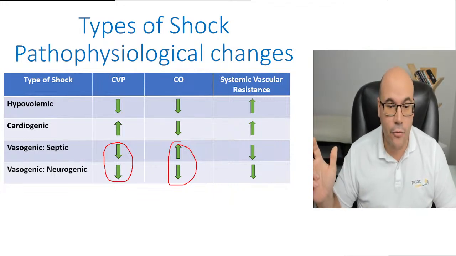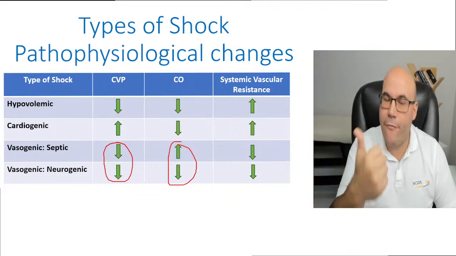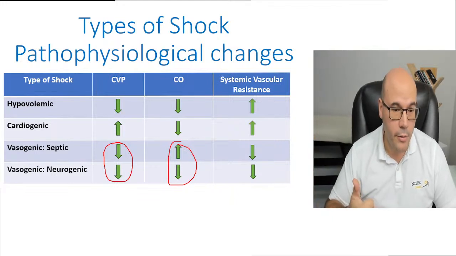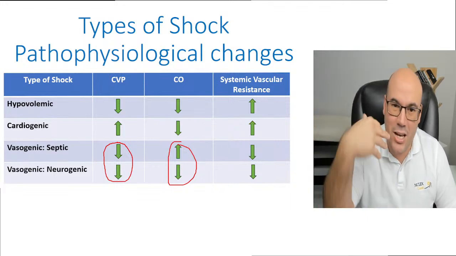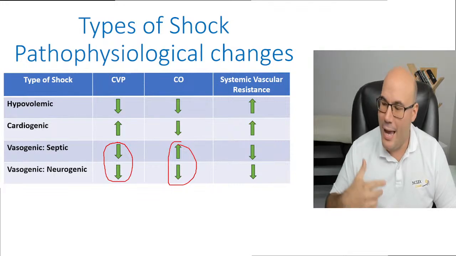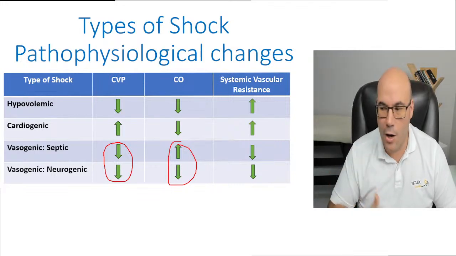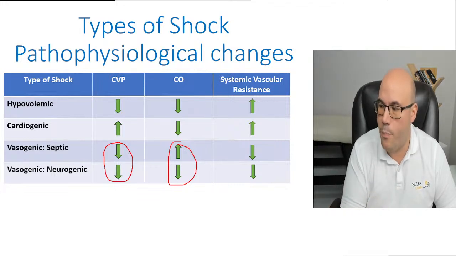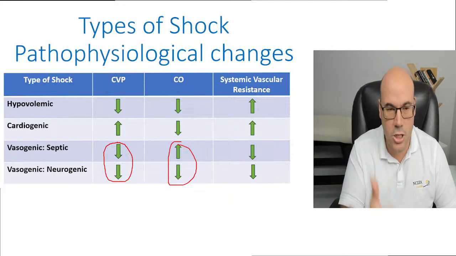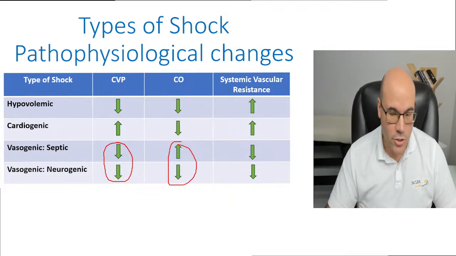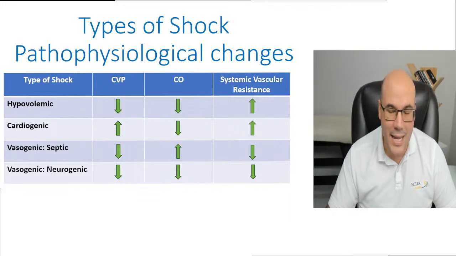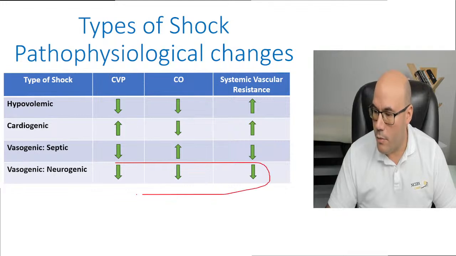So what's going to be the end result? There's going to be a deficit in the vasomotor tone, decreased return of blood to the heart, decreased cardiac contractility, and decreased cardiac output. So we're going to see the CVP and the cardiac output decrease as well as the systemic vascular resistance. So neurogenic shock is the one where everything is low.